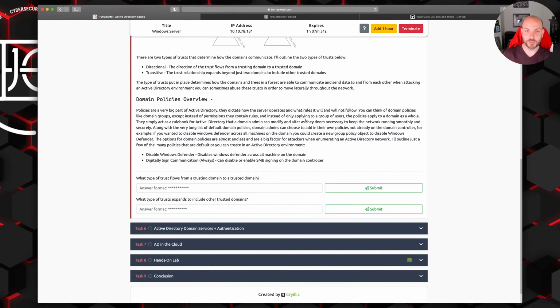As long as it's a member of the domain and still has connections to it, whatever GPOs are out there are going to be pushed to it. And if that same setting contradicts something set at the domain level or at the OU level, then that OU level one, for instance, is going to overwrite whatever the local security policy is. So it's important to understand the hierarchy and how all of that plays out.